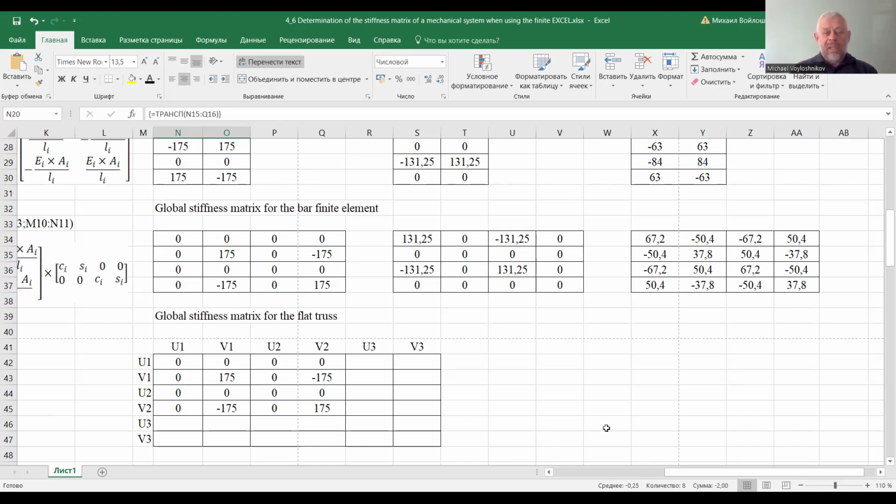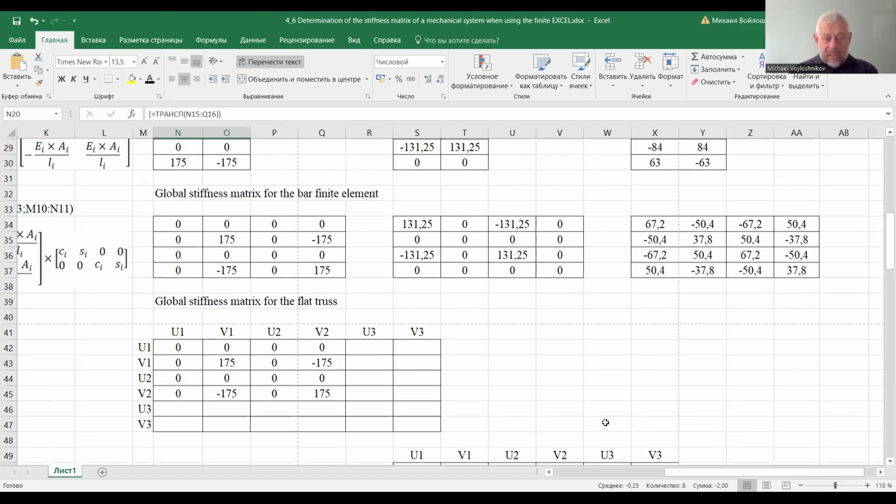So instead of that, we do not use the matrix of the incidence here, but we consider the common matrix as the total of three matrices.